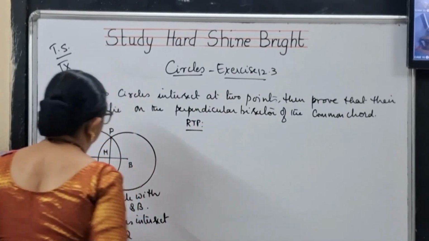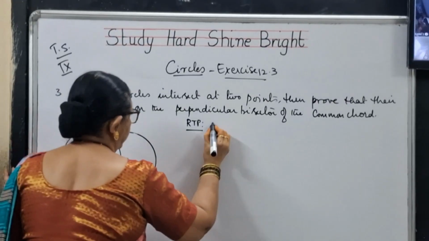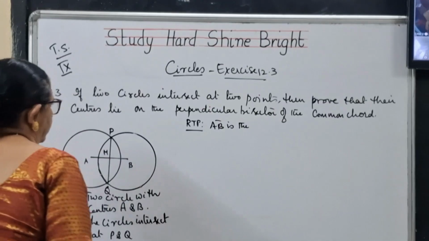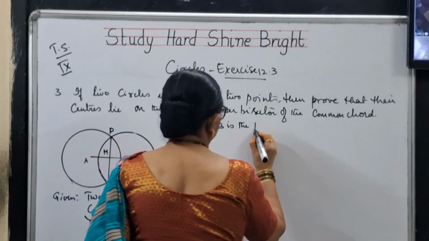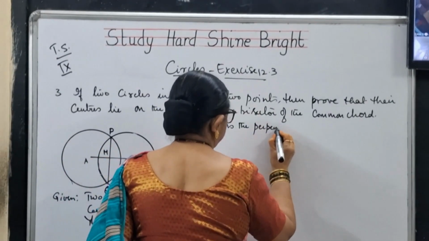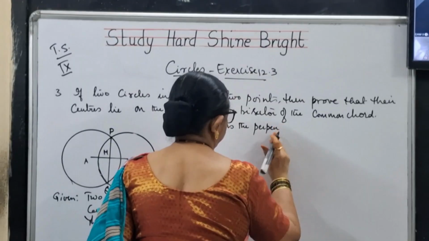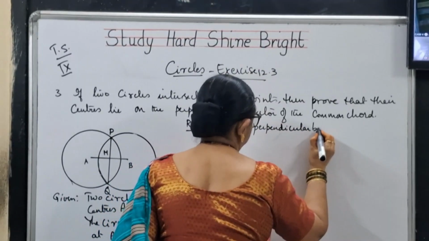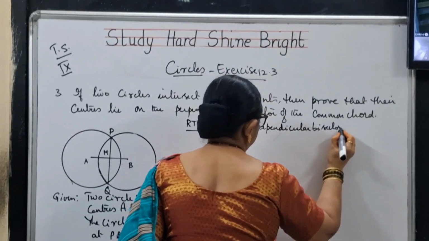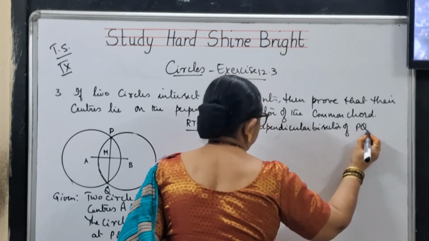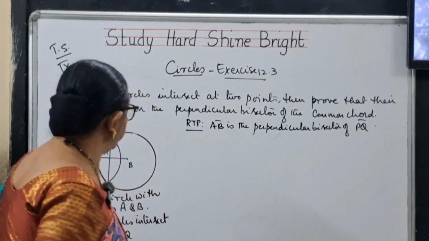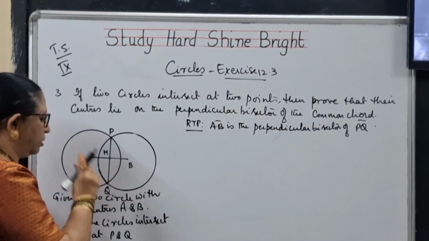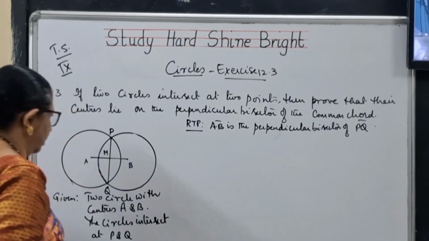You have to prove that AB is the perpendicular bisector of PQ. If you could prove that AB is the perpendicular bisector of PQ, definitely A and B points lie on the perpendicular bisector of PQ.